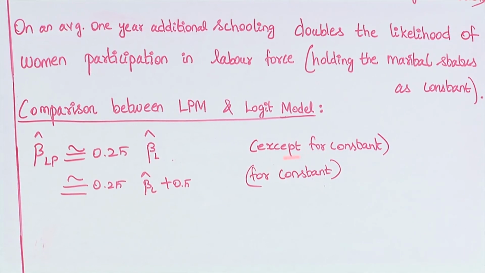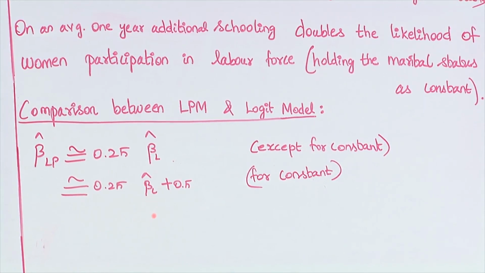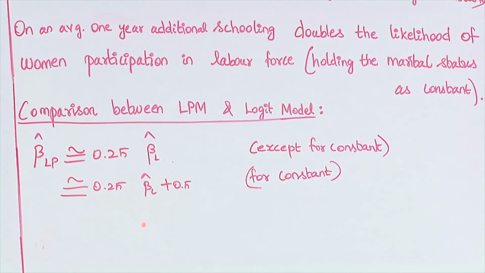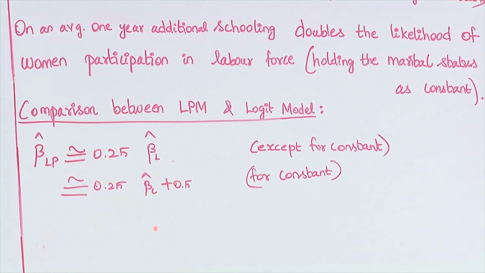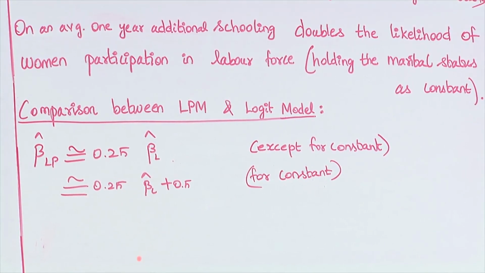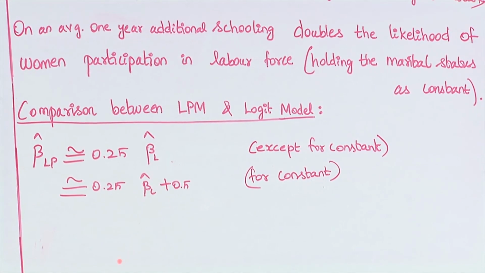This formula is except for constants; for constants, you have to add 0.5. This is the equivalence. Otherwise both models will give the same results, but LOGIT is more meaningful than the LPM. So LOGIT models are very popular in the estimation of qualitative dependent variable models.